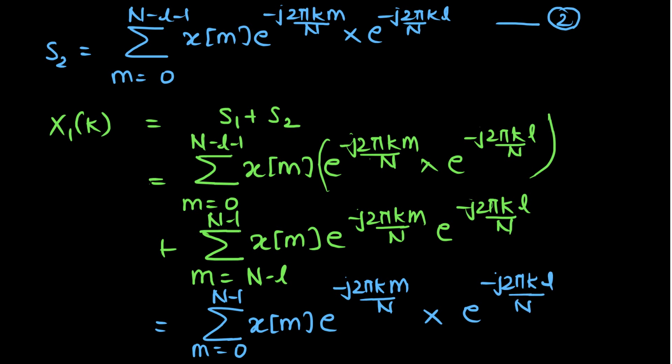Now if we observe this factor here, that is summation m running from 0 to n minus 1 x of m into e to the power minus j 2 pi k m by n, this is nothing but the value of X of k, that is the discrete Fourier transform of this x of m. Therefore this X1 of k is equal to DFT of x of n multiplied by e to the power minus j 2 pi k L by n.